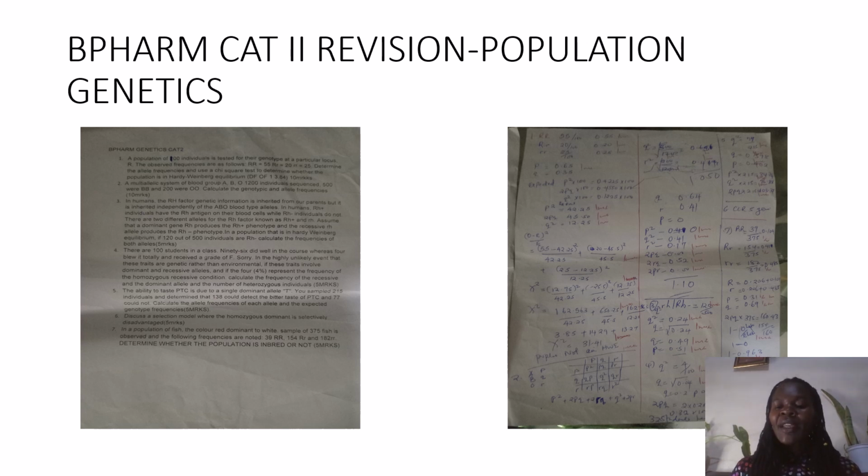Simple. Get the allele frequencies. After you find the q, do the q squared.